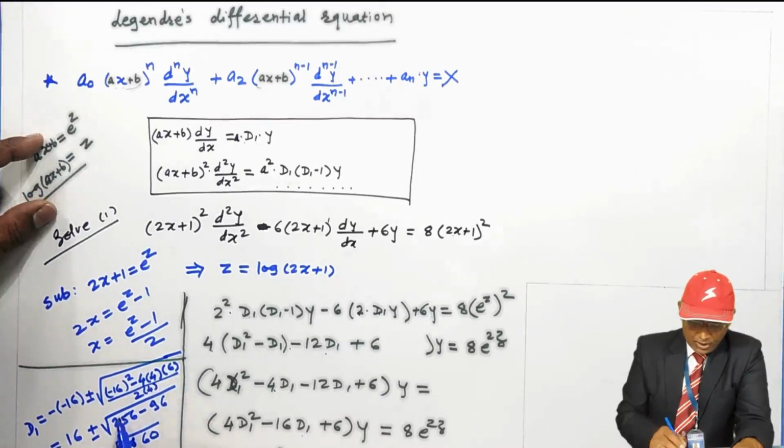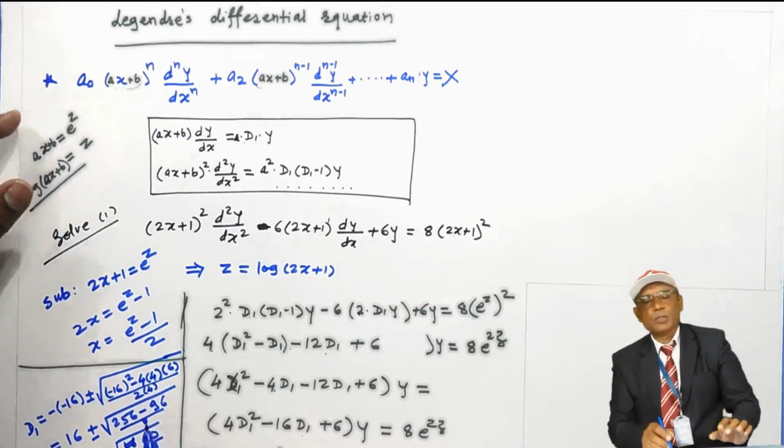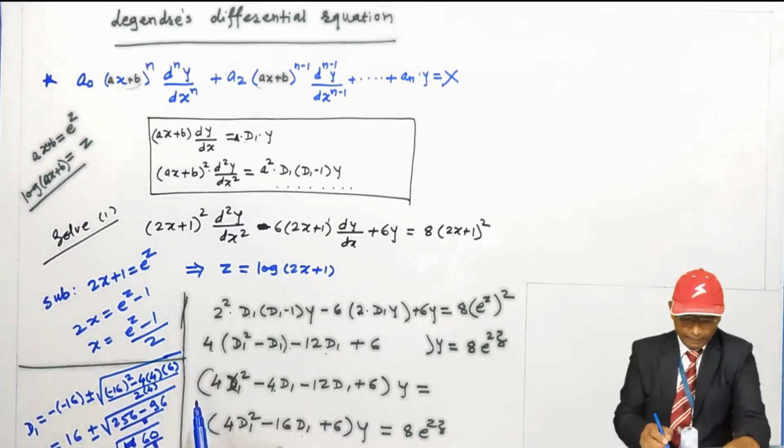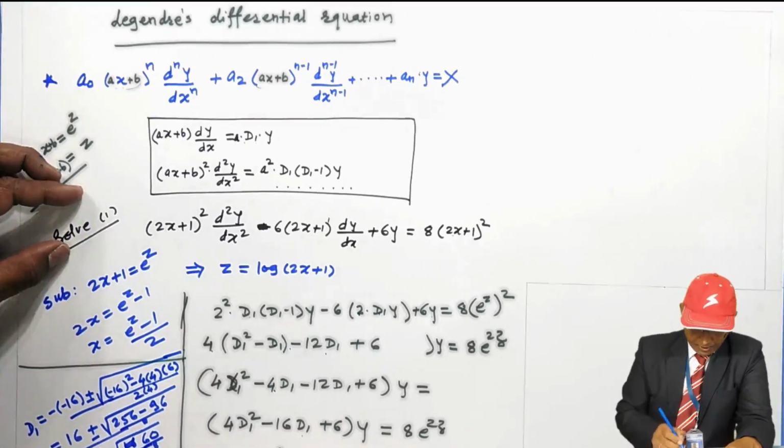And 256 minus 96 is 160. This is divided by 8. So what is this now?